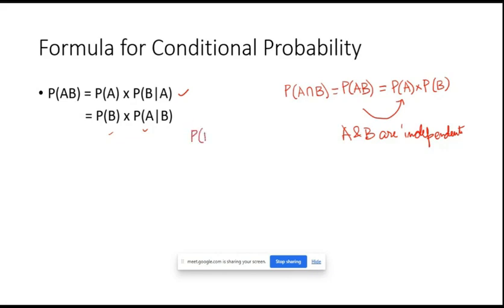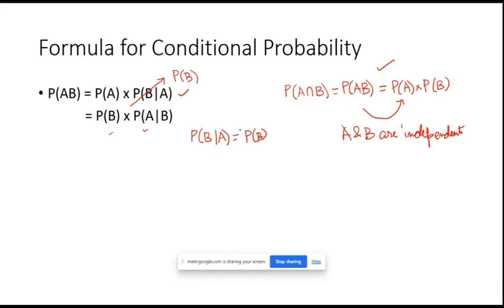If A is not influencing B, then probability of B given A is equal to probability of B. In that case, this becomes equal to probability of B, and we reach the formula written on the right side. That means when events are independent, from this formula itself we can go back to the multiplicative law under independence.